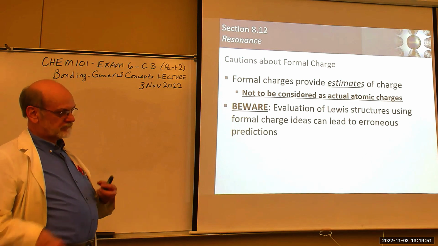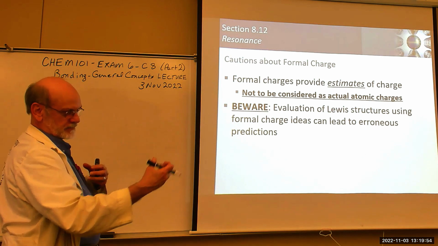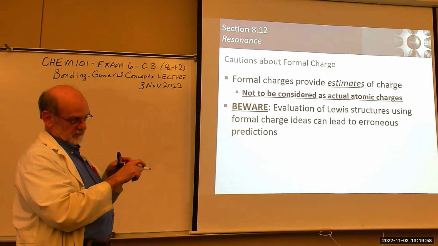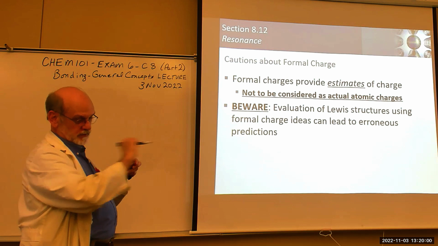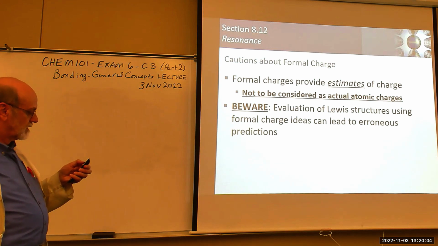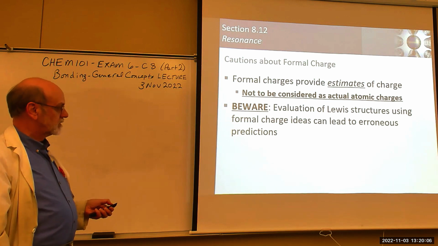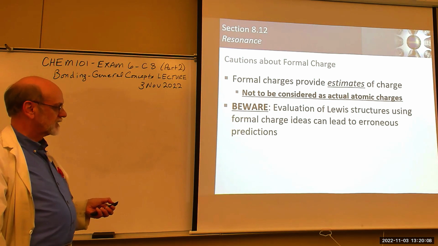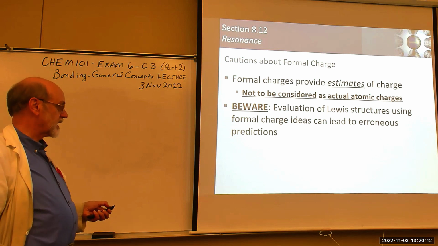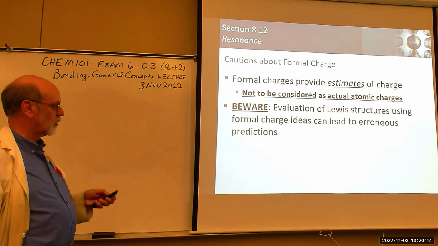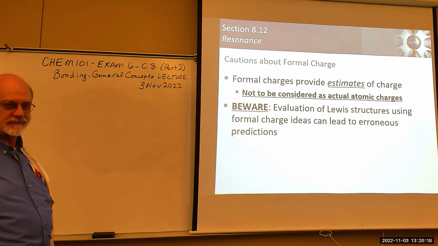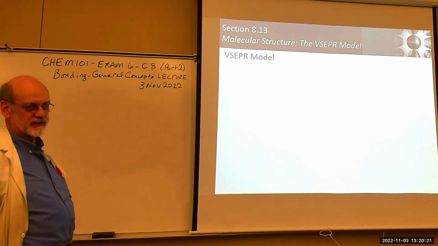If you have a negative formal charge here and a positive formal charge here, that bond should be polar toward the negative. And you have to be aware that Lewis structures sometimes can lead to erroneous predictions, meaning wrong predictions not based on facts.